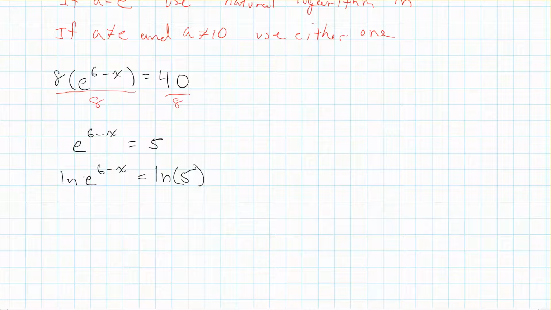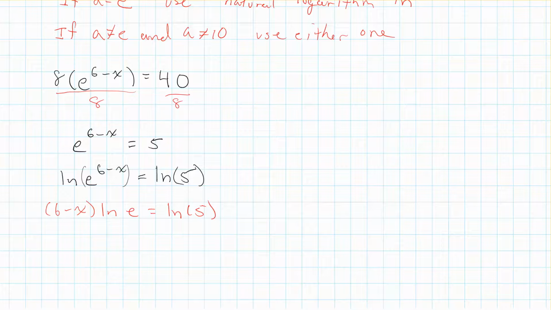Now, here, there's two ways to approach this. I'm going to write one way here. One way is to use your power property, and you have 6 minus x natural log of e is equal to natural log of 5. But there's another way to think about this, and this is dealing with when we talked about inverse functions.